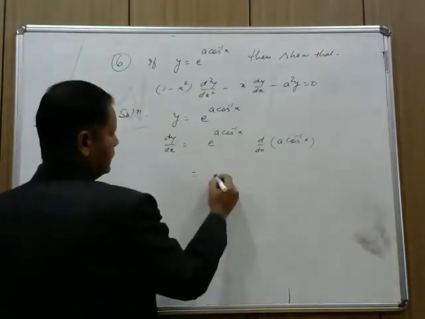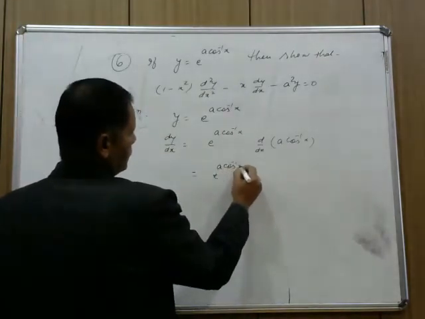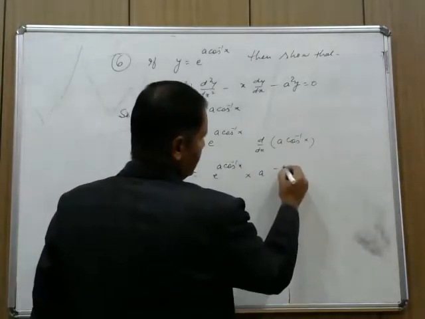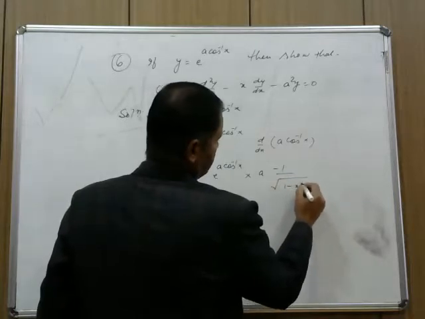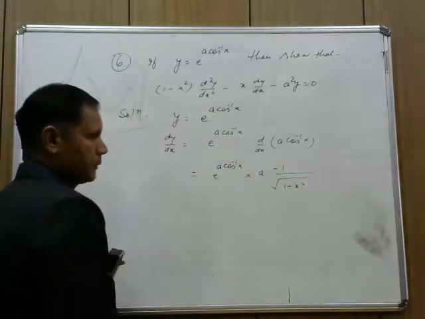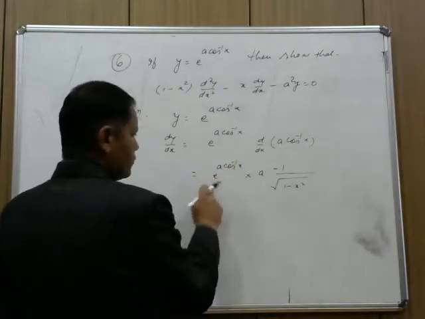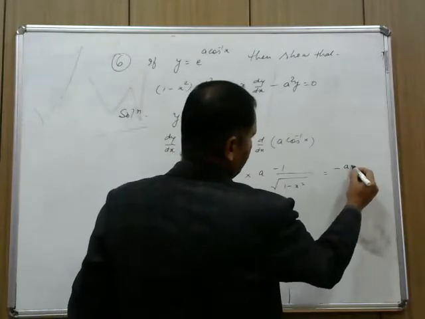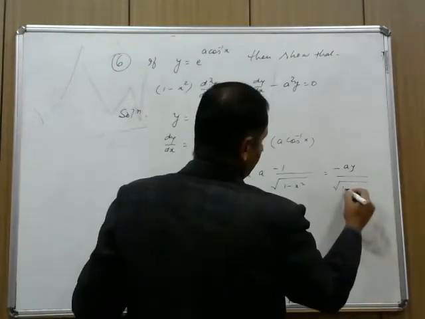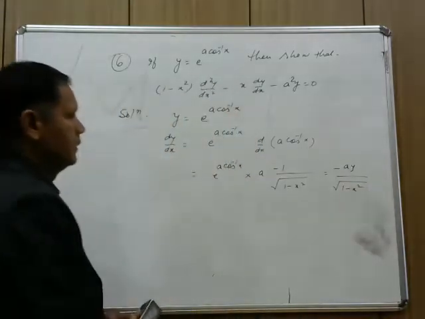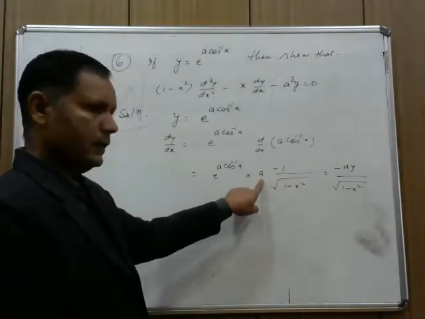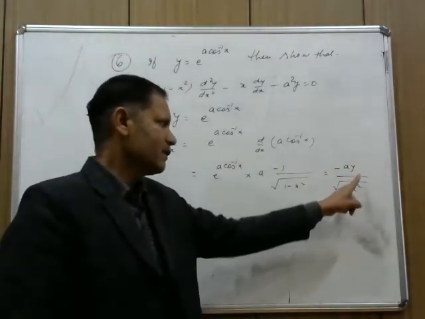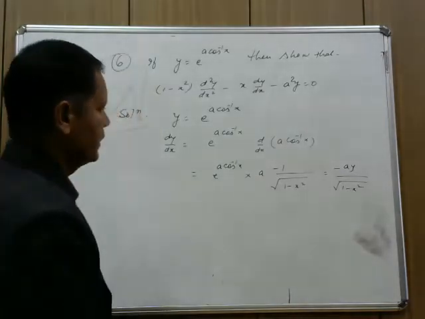This will give you e to the power a cos inverse x into a, and the differentiation of cos inverse x is minus 1 upon under root 1 minus x square. And e to the power a cos inverse x is equal to y. So can I write minus a y upon under root 1 minus x square? Minus a into e to the power a cos inverse x, which is equal to y.